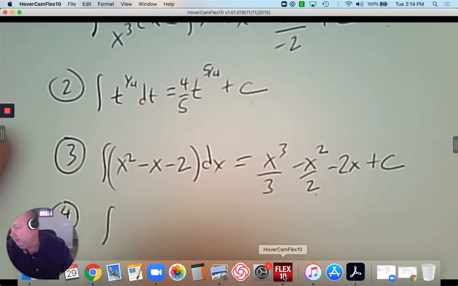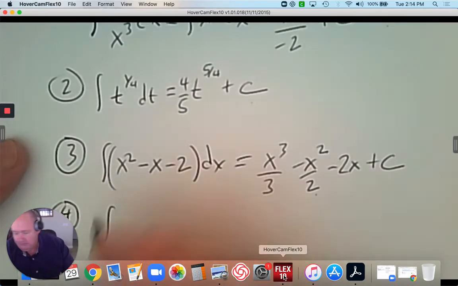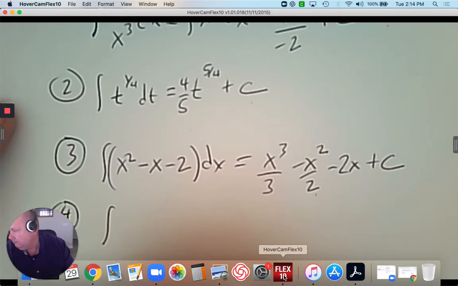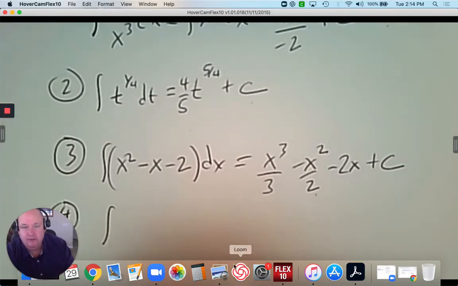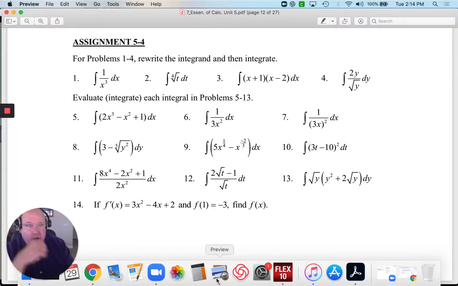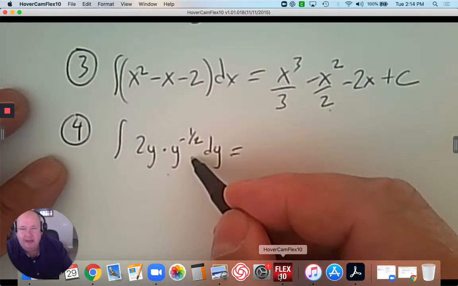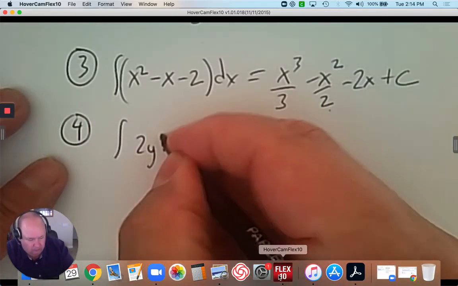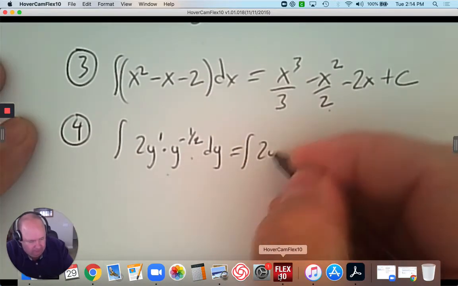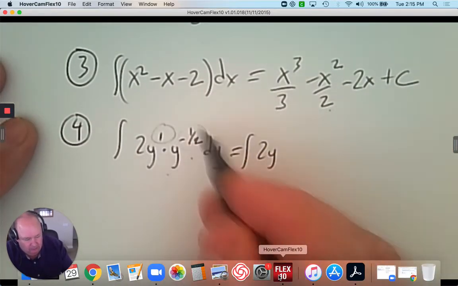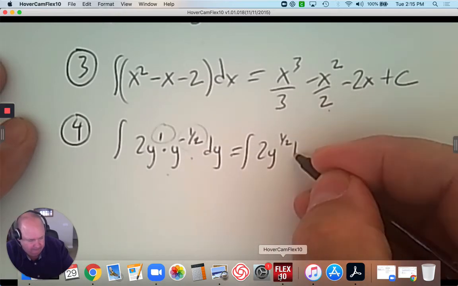For number 4, write it calculus friendly. So, see if I can see this. So to write it calculus friendly, start this way. So it's 2y times y to the negative 1/2, and then do exponent rules to combine it together. So if I do exponent rules, add the exponents together, that's positive 1/2.